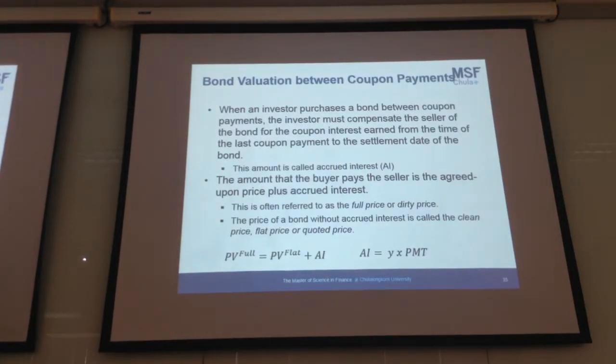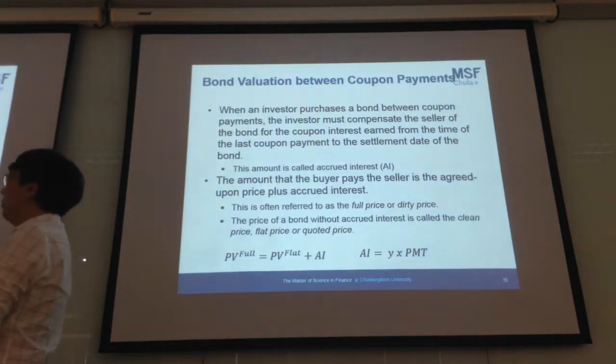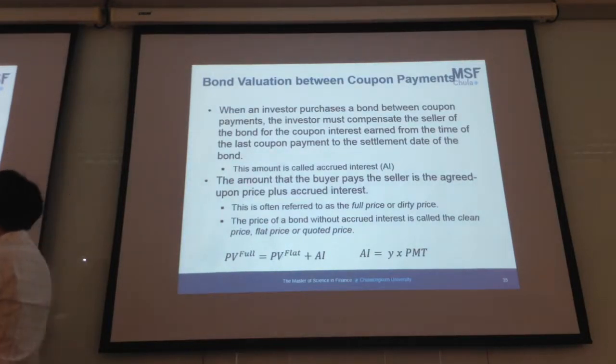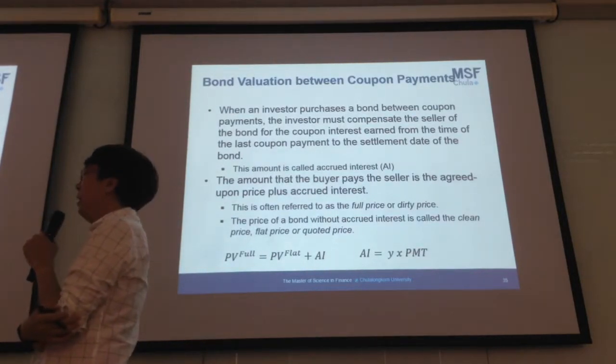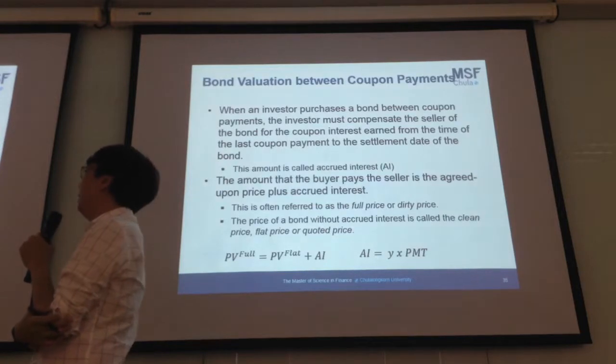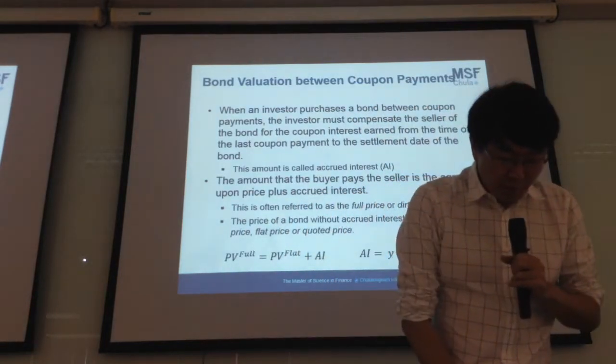Eventually the total dollar amount that the buyer must pay equals the full price. The full price is sometimes also called the dirty price or invoice price. The full price or dirty price combines the quoted price, or flat price, plus the accrued interest. I'll come back to this for one or two more issues.